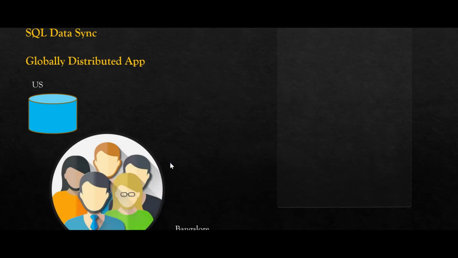The third use case is a globally distributed app. For example, you have the database in the US and your customer base in Bangalore, and if Bangalore users want to access the US database, there are latency issues. So what you can do is create a database in India. You can do a sync up, even a bidirectional sync up, and then point these users to the database in India.